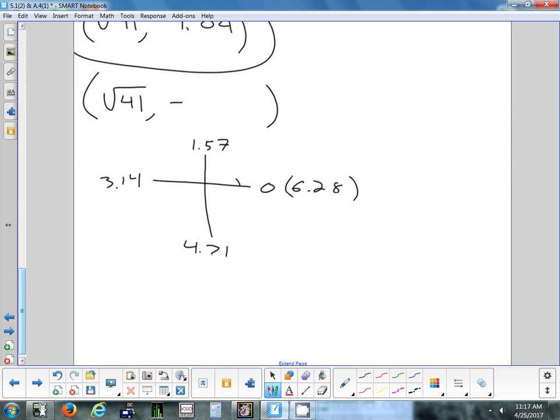So now we're at 4.04. Okay, that's about like that. Somewhere between 3 and 4. So if this part in red is 4.04 and it's 6.28 to go all the way around, how would you find that part right there?